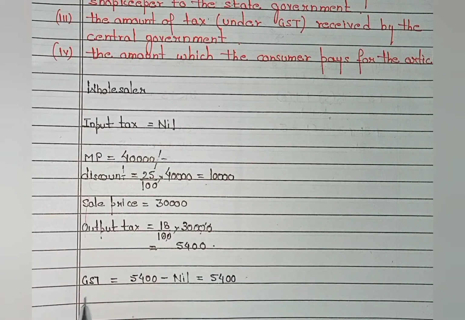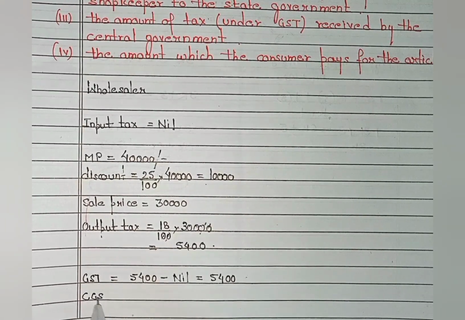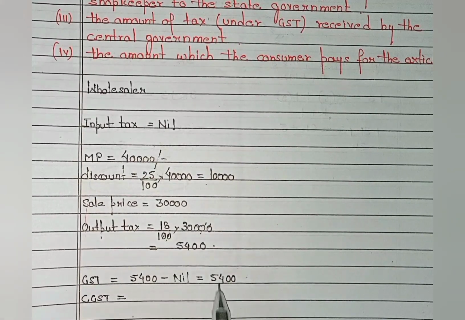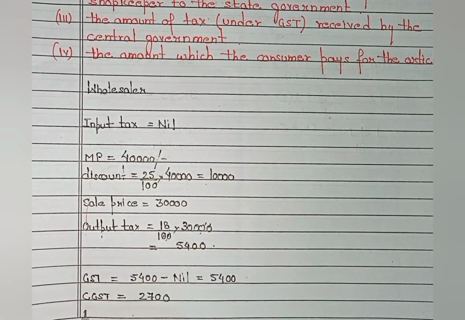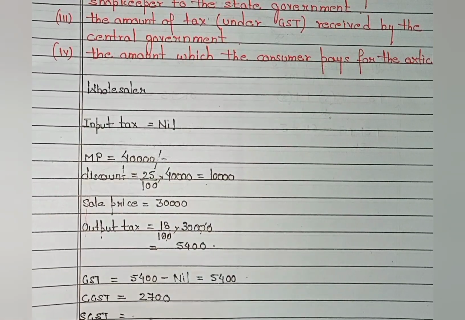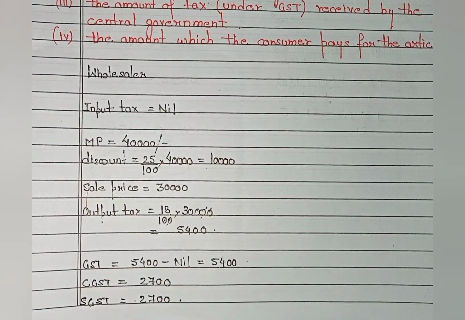Now half of this GST will be paid to the central government, and half will be paid to the state government. So this is how GST will be charged from the wholesaler.